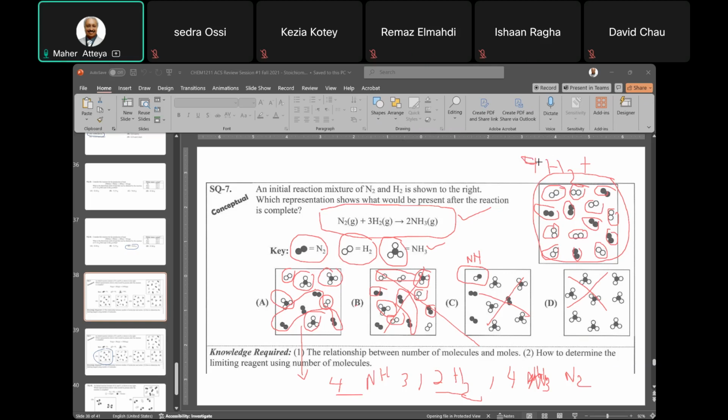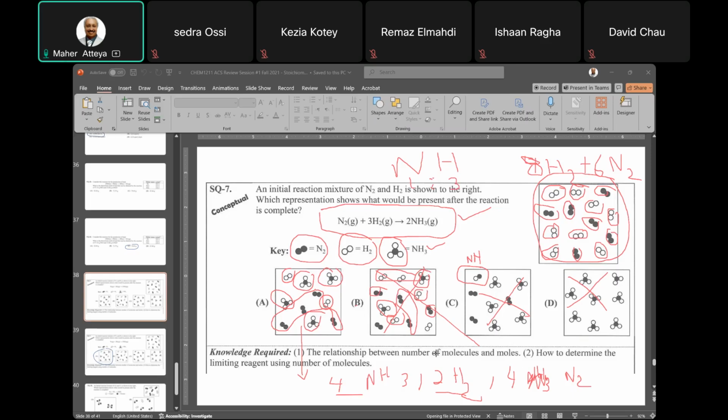This is 8 hydrogens and 1, 2, 3, 4, 5, 6 nitrogens. And they combine, nitrogen and hydrogen. They combine themselves in what ratio? 1 to 3. 1 to 3. So now you can test A and B and see which one is correct.